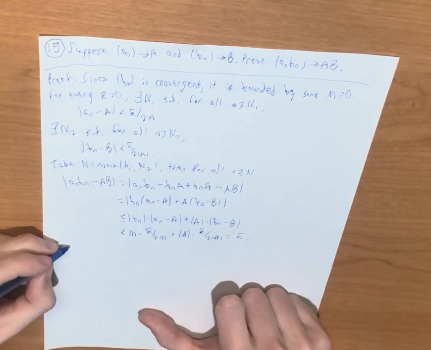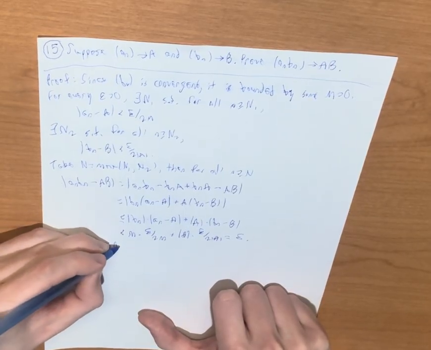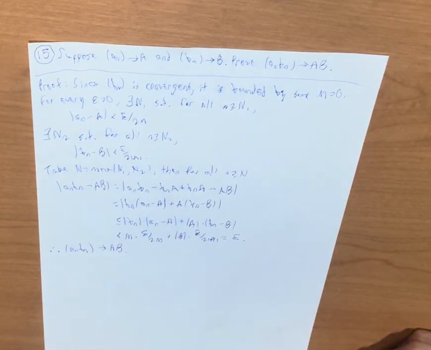Thus, we have that the sequence a_n times b_n converges to the product of A and B. That's the proof.